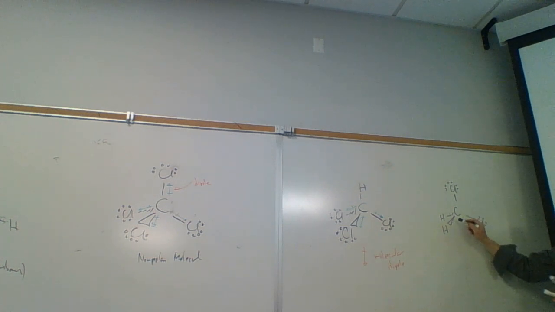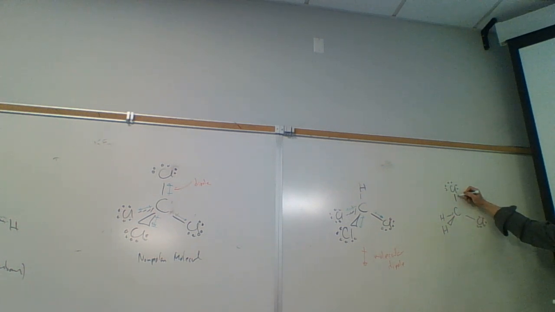Again, carbon-hydrogen we don't draw a bond dipole for, but these ones we will. So which way is the molecular dipole going to point? If you add up those 2 reds, which direction will the molecule move? Yeah, it's going to move up to the right like this. So the molecular dipole will be like that.